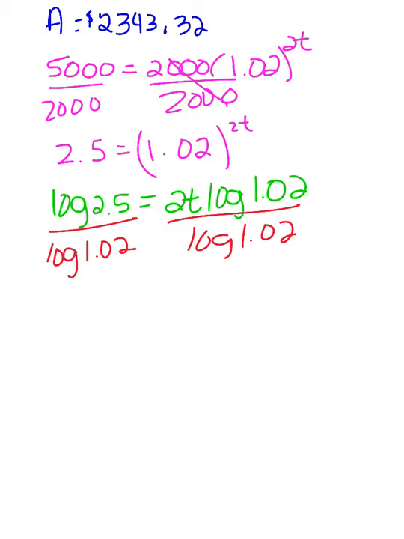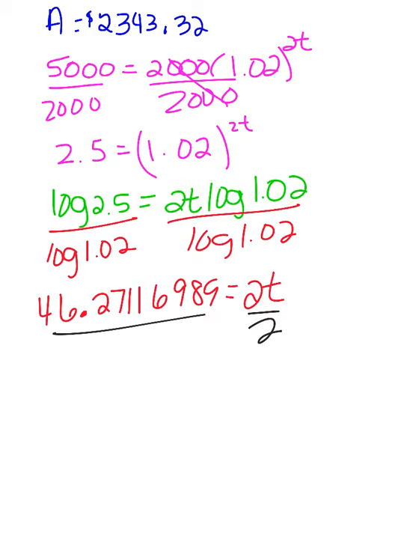So we get 46.27116989 equals 2t. Divide by 2. So hit divide by 2 on your calculator. It's going to take 23.1 because it says round to the nearest tenth. So it's going to take 23.1 years.